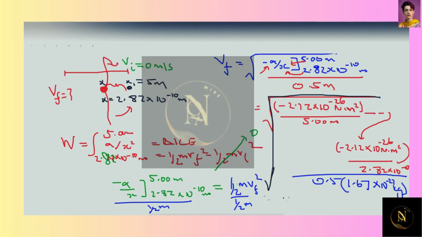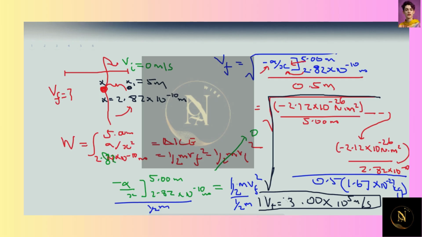It becomes V final equals approximately 3.00 times 10 to the 5 meters per second. That's your final answer.